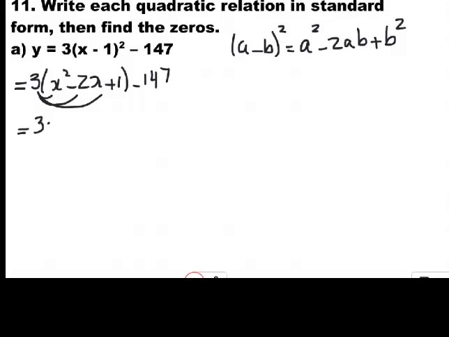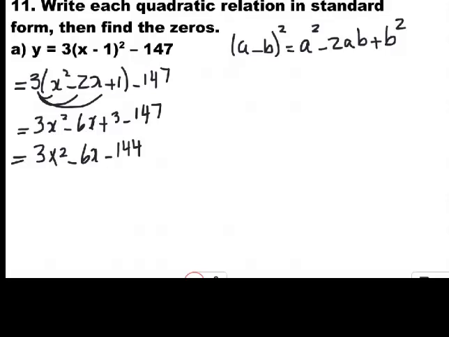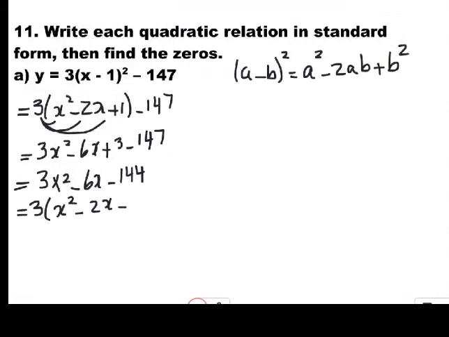I get 3x squared minus 6x plus 3 minus 147, which is going to give me 3x squared minus 6x, and 3 minus 147 is minus 144. Now, I can use the common factor 3, and I can say this is equal to 3 times (x squared minus 2x minus 48).